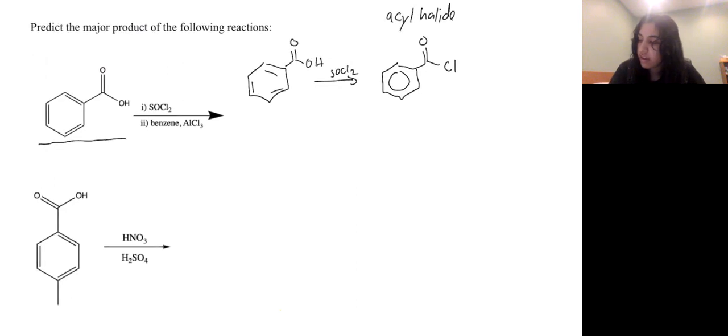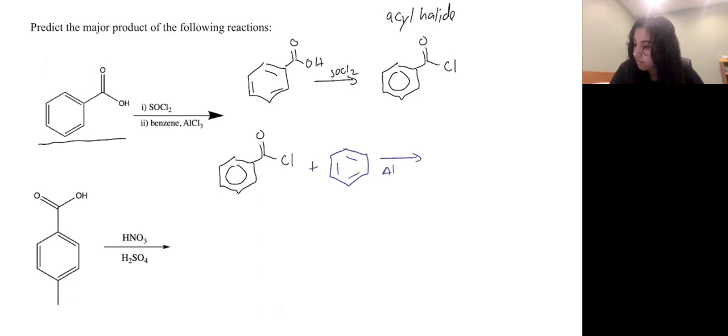Now we take that acyl halide and we're reacting it with benzene and AlCl3. So I'm going to write it like this. So we have an acyl halide, a benzene, and a Lewis acid catalyst. What do you think happens?